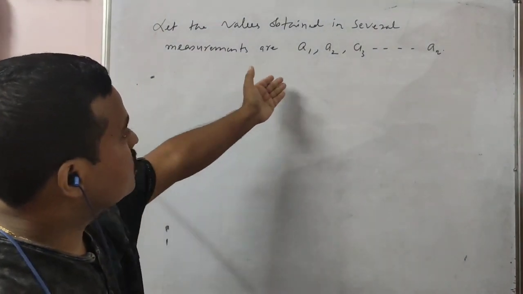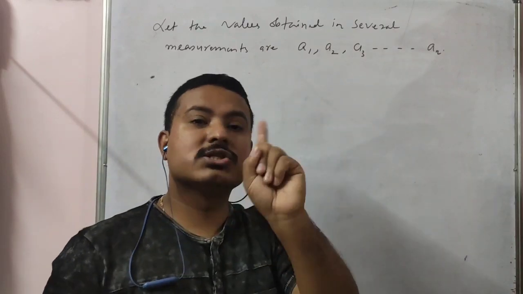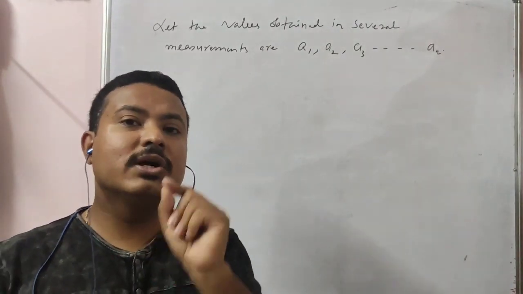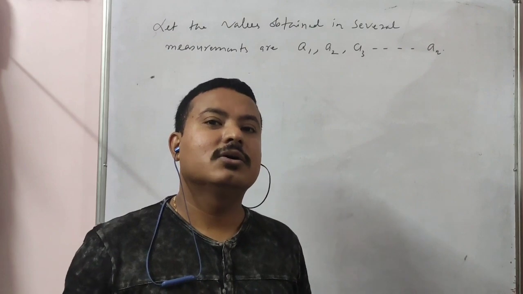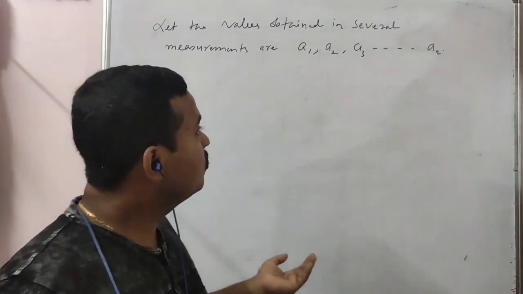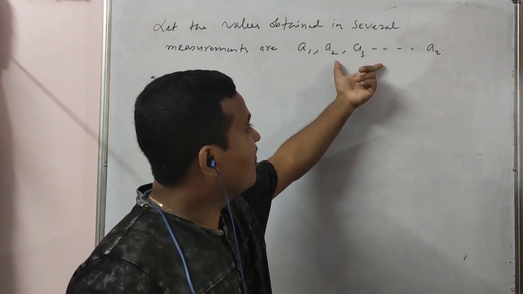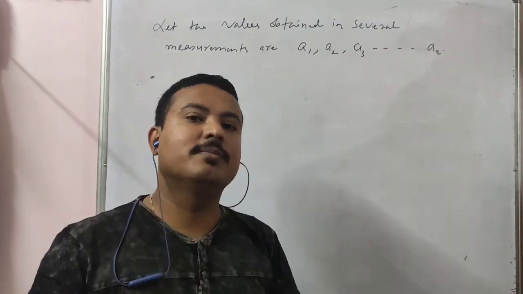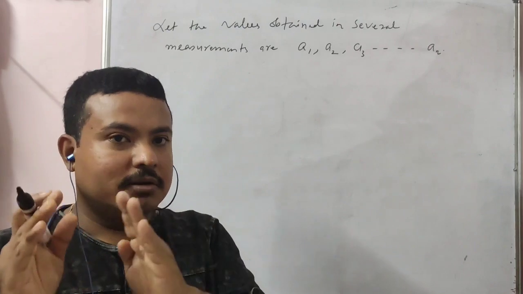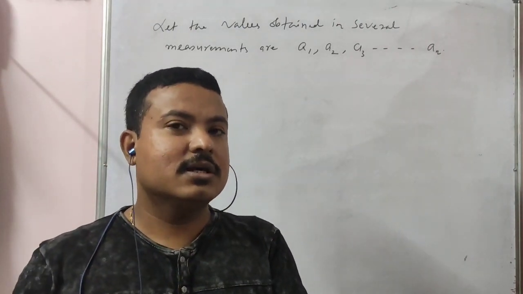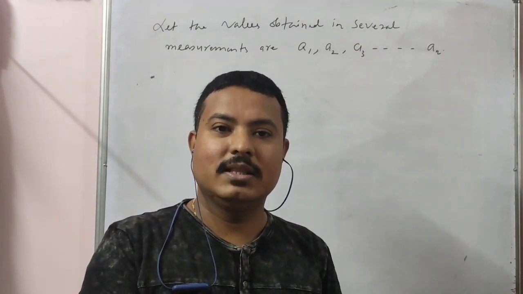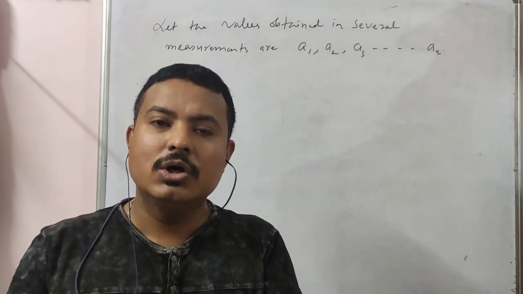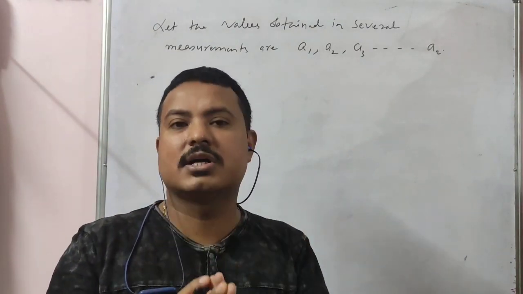What do we do? First of all, here you see the true value is not given. So if the true value is not given, then what do we do? We have to take the average of these. That gives you the true value. This you have to remember. If in certain cases the true value is not given, then in order to find the true value, we take the average of all the measured values.